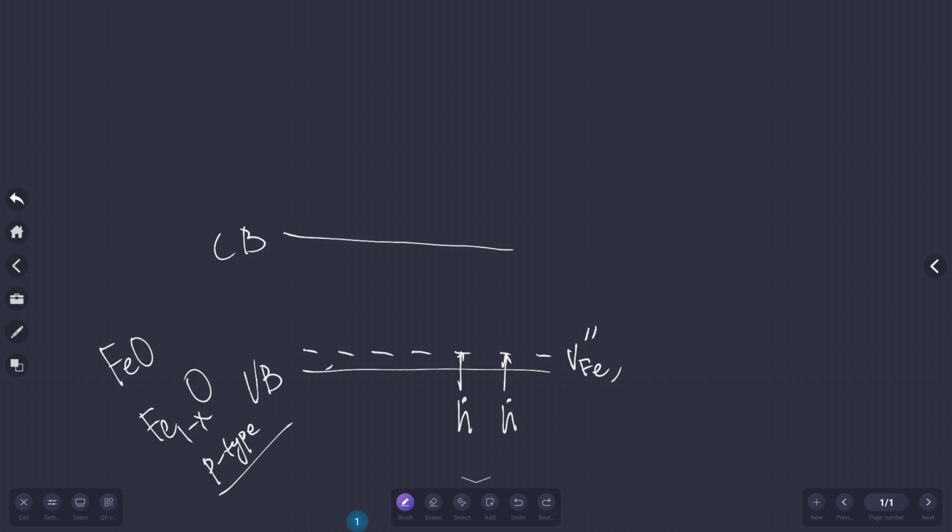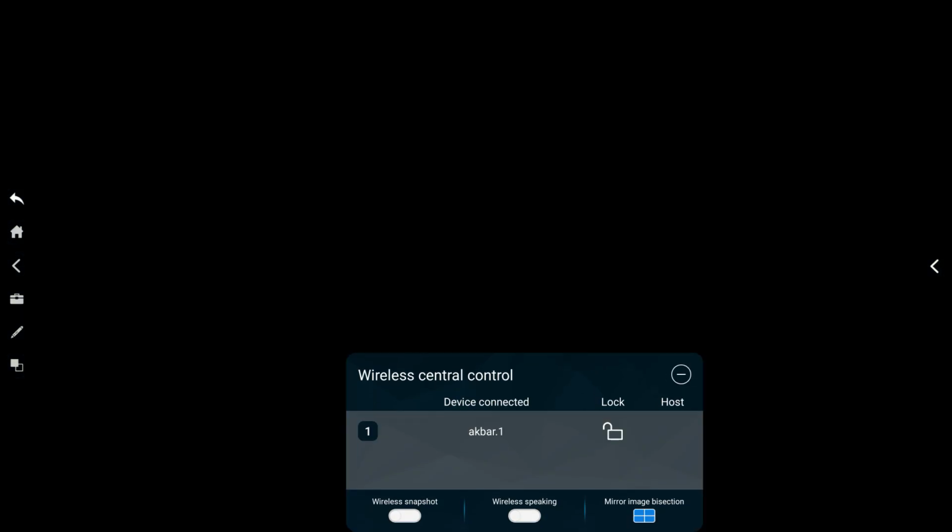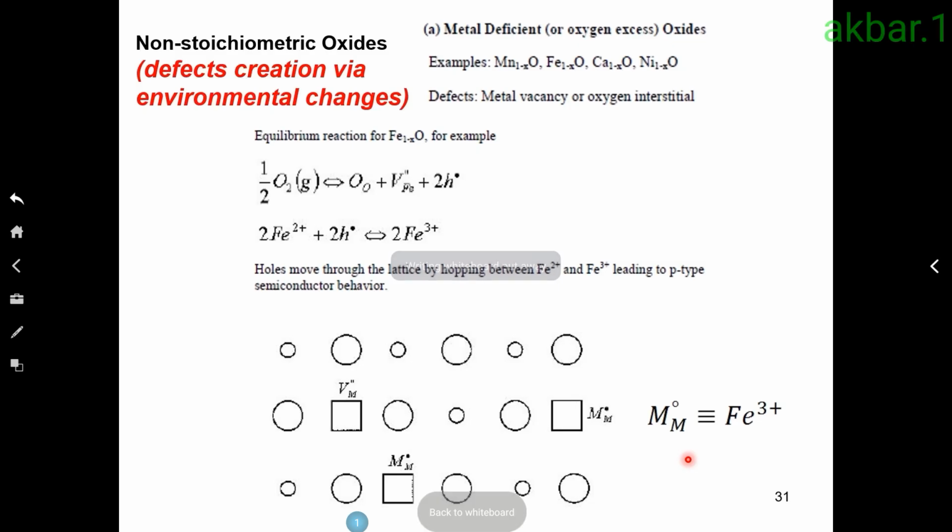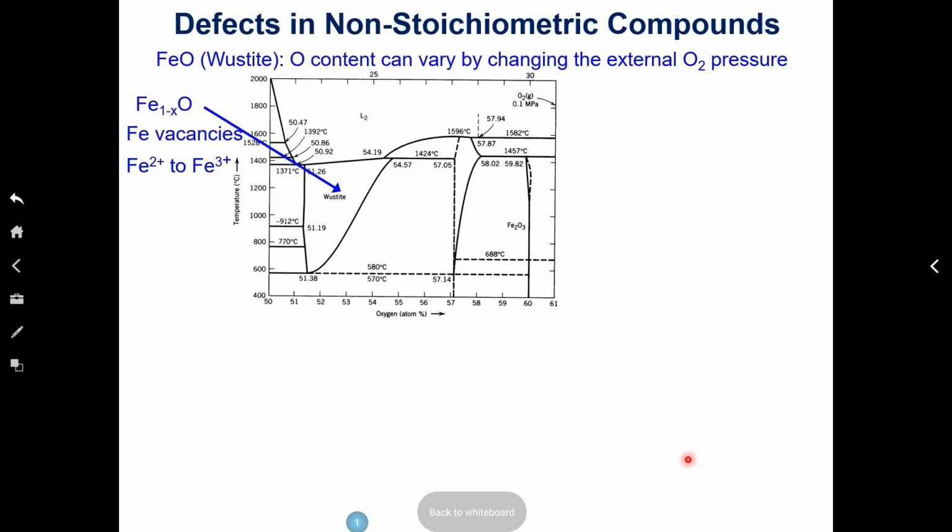And so these are band diagrams. Look at this kind of phenomenon. Similarly, in other materials, like the so-called oxygen deficient ones that I'll discuss on the next slide, here's an example of FeO. You can see this is the phase diagram of iron to the left, and as you move to the right, you're adding more and more oxygen.